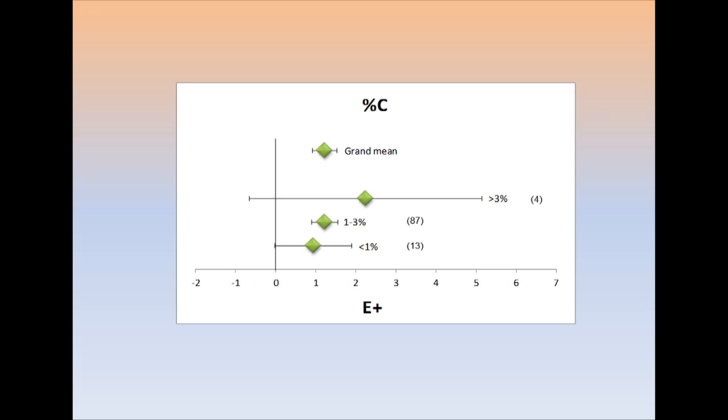We only had a small number of studies, 4, which have used soils with more C, which is not typical in cultivated soils, and you see it is variable then, but it is a small number of studies.